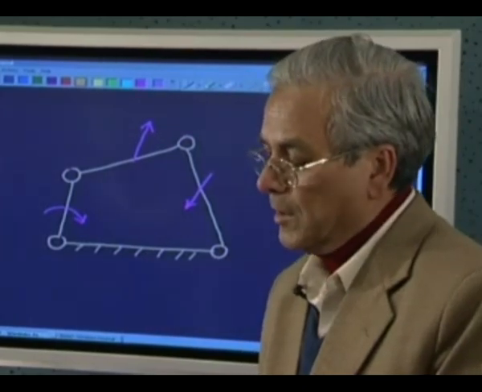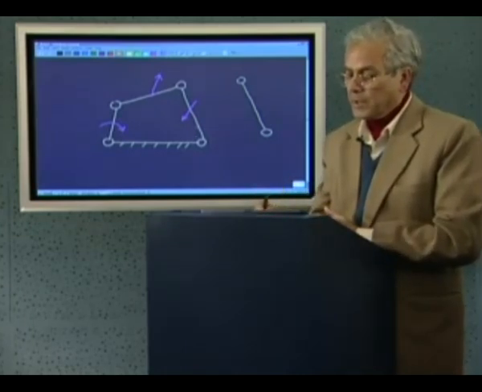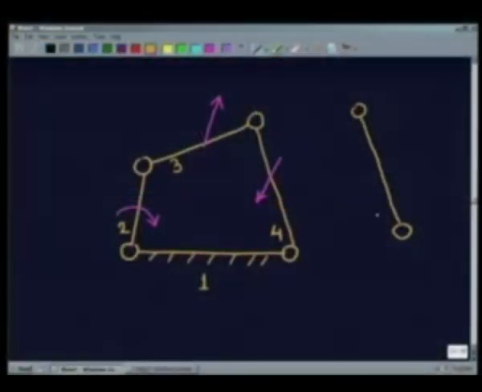That means this link, which in your terminology you have termed as link 4, the 4th link, which is subjected to this external force, we call it say F4, and there will be 2 hinge forces, reaction forces, 1 reaction force from here, another reaction force here, we call it R14, and this I call R34.